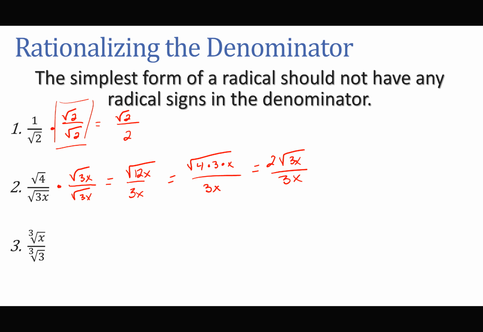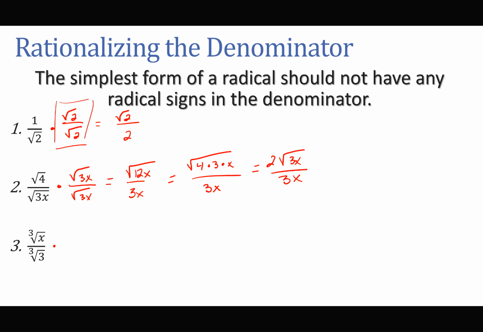Do not fall into a trap of thinking this 3x and this 3x in the bottom will go to that useful form of 1. I'm going to say cancel out, but that's the only time you're going to hear me say cancel out. Don't say cancel. They don't cancel. Okay? But you cannot just move stuff from a radical to something that's out of a radical and combine those and work with those. Okay? Under the radical, that's a completely different number. So we're going to keep that radical there. So it's 2 root 3x all divided by 3x.